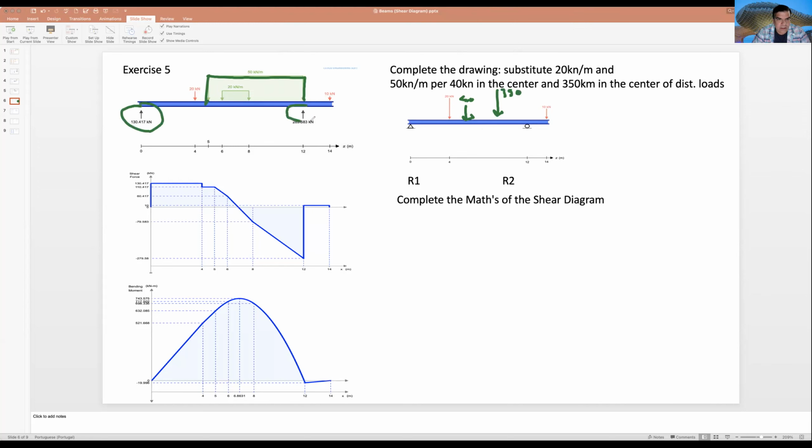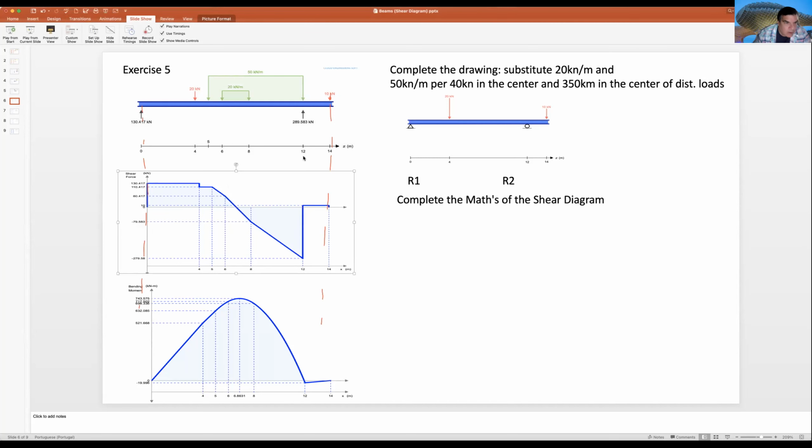When the reactions are ready, we are able to start calculating our shear and moment diagram. And in this class, as you know, we will do only the shear. Again, I start and make a line where the beam starts and where the beam finishes. Again, I will make this a little bit bigger. And I also will make some lines.